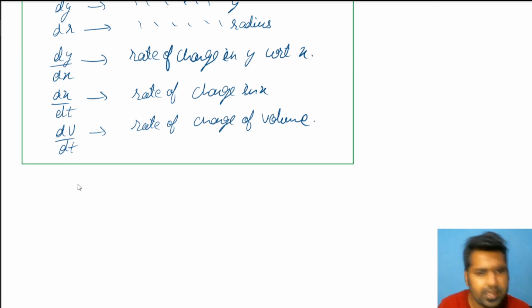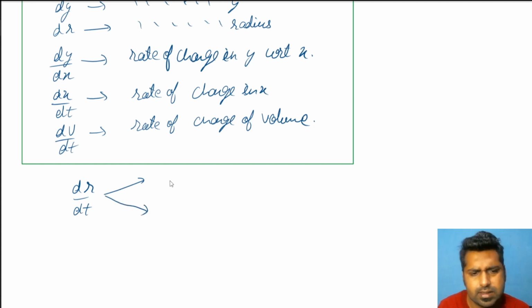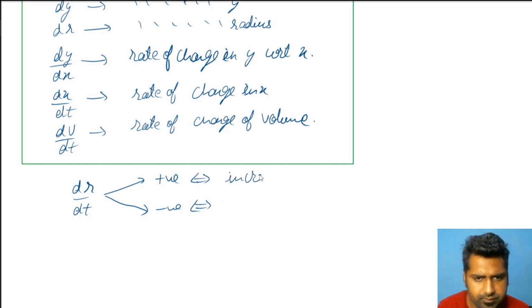Let's take some physical quantity, say radius. The radius of a circle can increase or decrease. If it's increasing, then we'll take it positive. If it's decreasing, it means negative. So it automatically implies positive or negative.